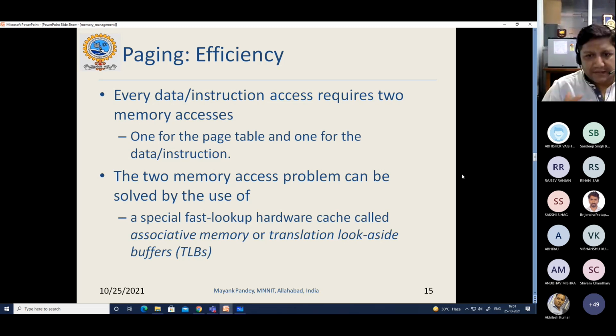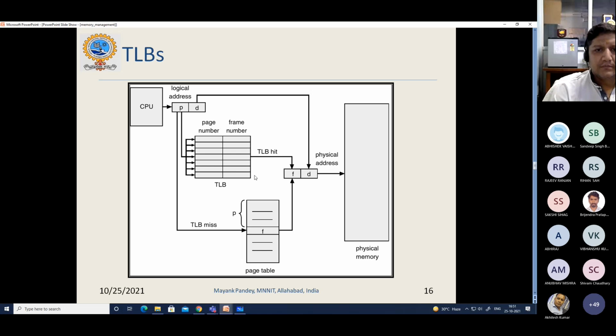To avoid this dual access for every data instruction, we can have translation look-aside buffers or associative memory, which are also known as TLBs. It's just like a cache of a page table.